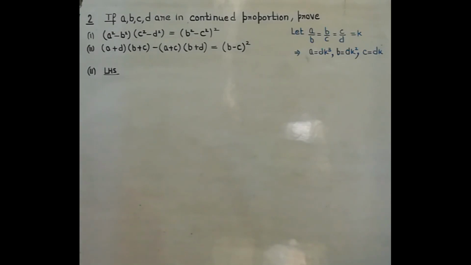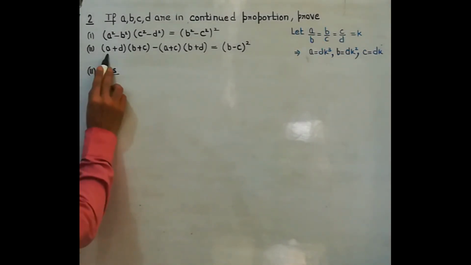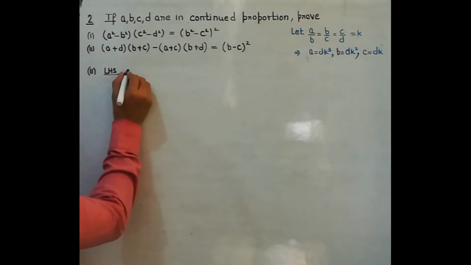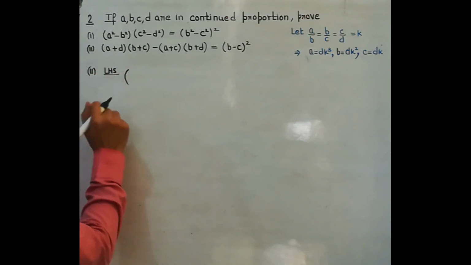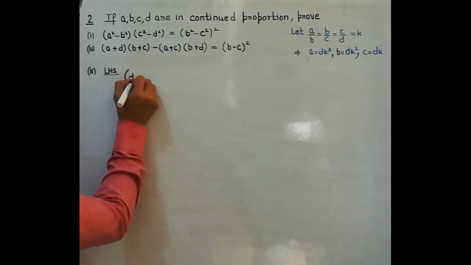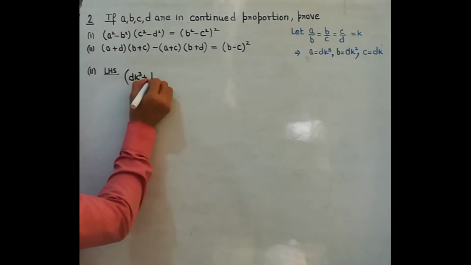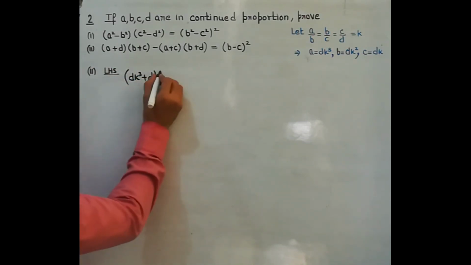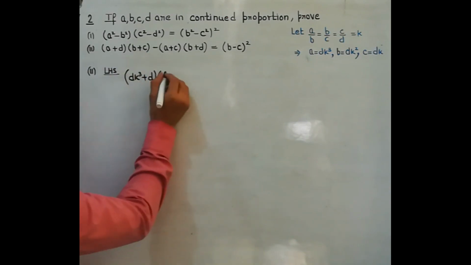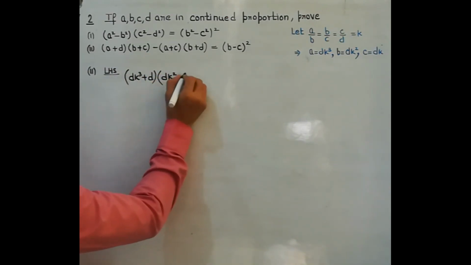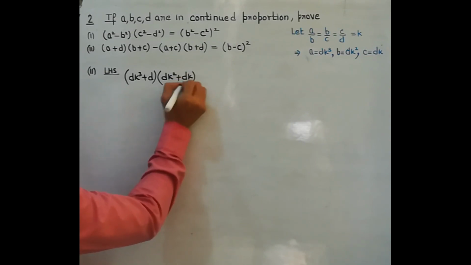Now on the left side we have a plus d in the first bracket. As you can see, a is to be replaced by dk cube and d will remain as it is. In the second bracket, b is to be replaced by dk square and c is to be replaced by dk.